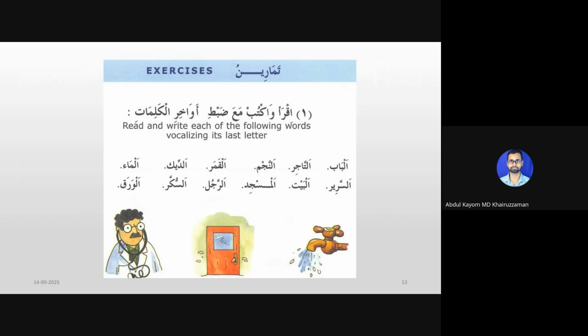In this exercise, we are expected to read these words, vocalizing the last letter. So each word we have to vocalize the last letter. Al-babu, at-tajiru, al-najmu, al-qamaru, ad-diku, al-ma'u, al-sariru, al-baytu, al-masjidu, al-rajulu, al-sukkaru, al-waraq.